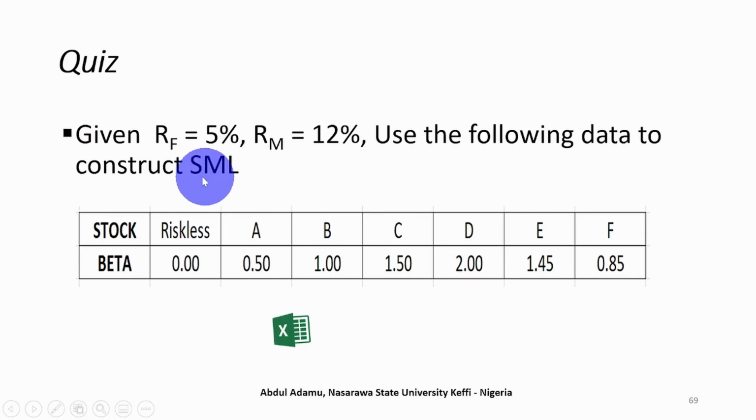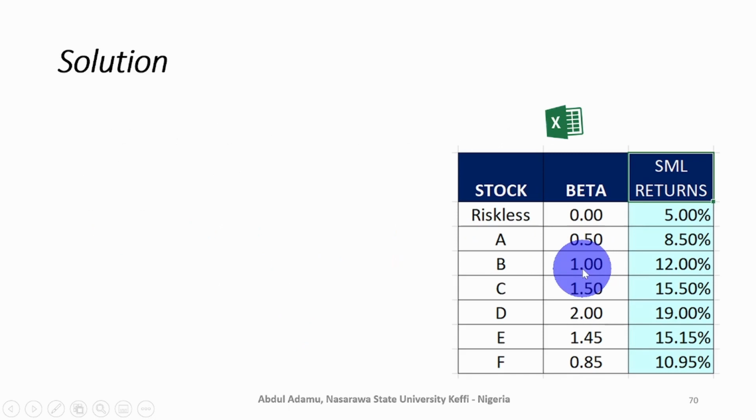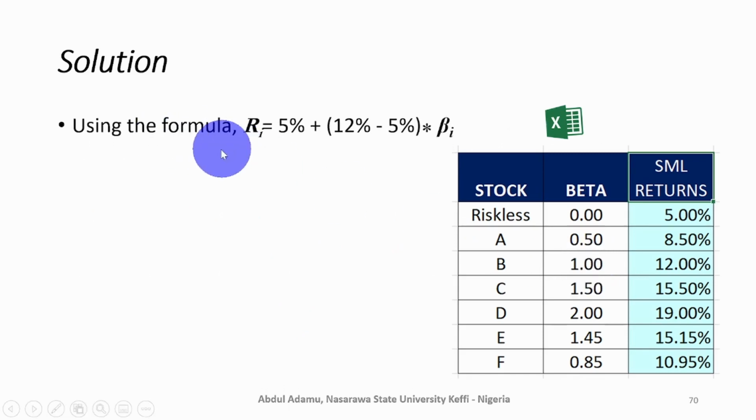So let's take a quiz and see how we can construct the security market line. If we take our assumption, we have a riskless stock with beta equal to 0, stock A with 0.5, and up to stock F with this beta. If we construct the return equation and beta is equal to 0, we plug in and get a required rate of return of 5%, which is this from our Excel.